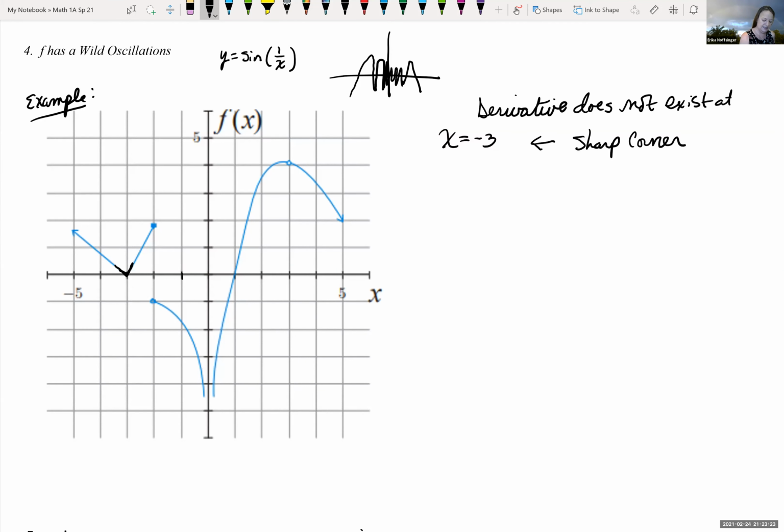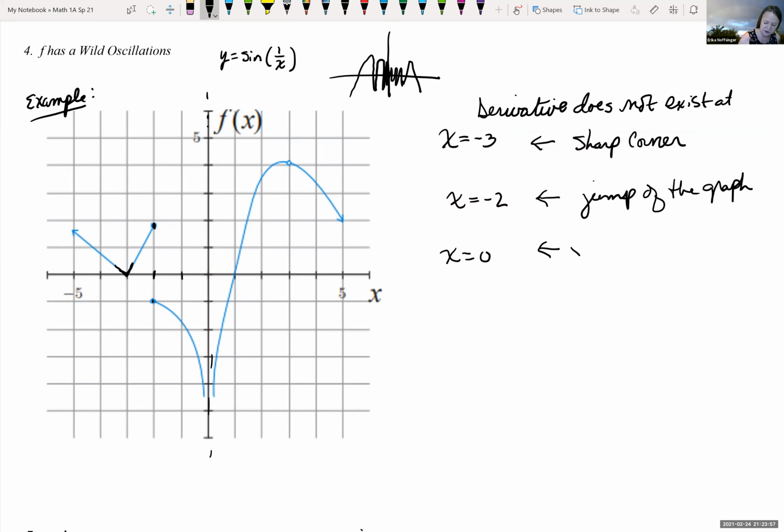It doesn't exist where we have jumps in the graph. So notice there's a jump in the graph at x equals -2. At x equals 0, notice you have a vertical asymptote here, and it's undefined.